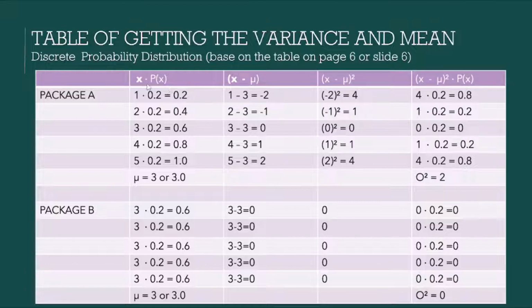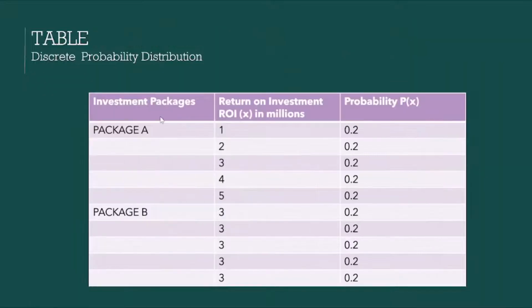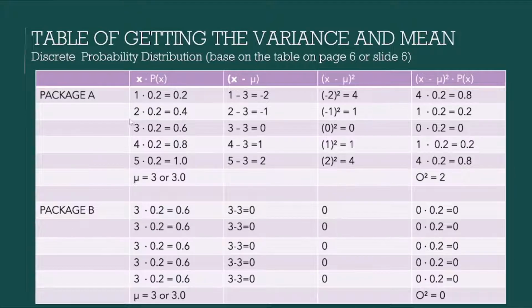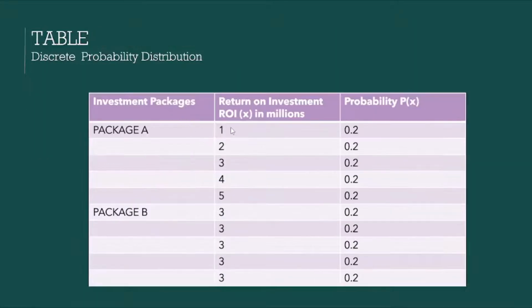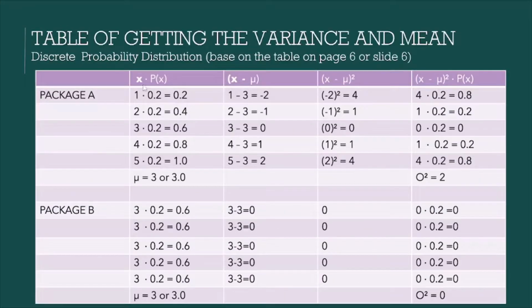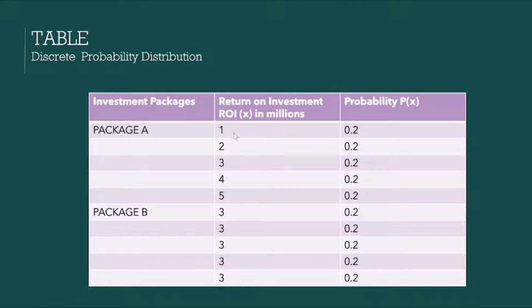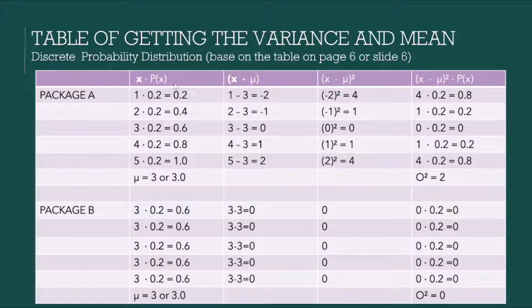Here we are going to times x times p(x) for package A. We're going for package A first. Our first formula, we're going to times x times p(x), where 1, 2, 3, 4, 5 is our x, and our p(x) is 0.2. We're going to times it.